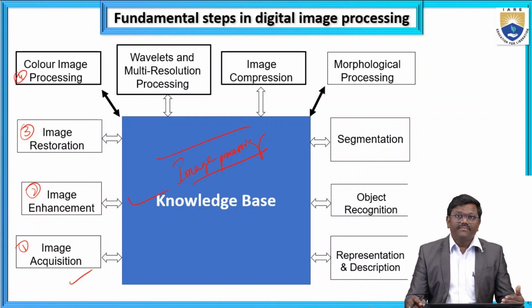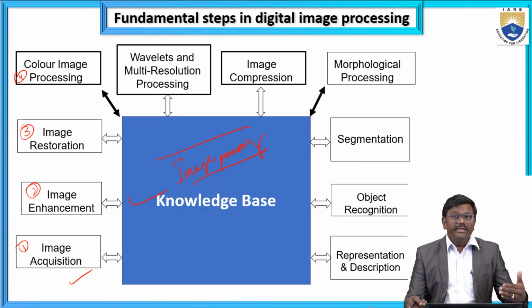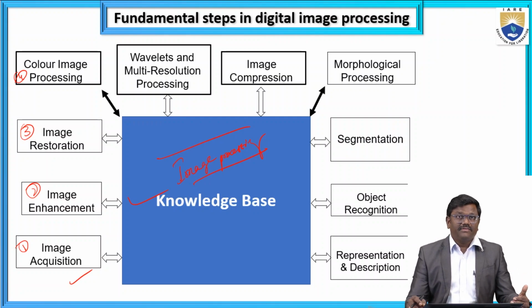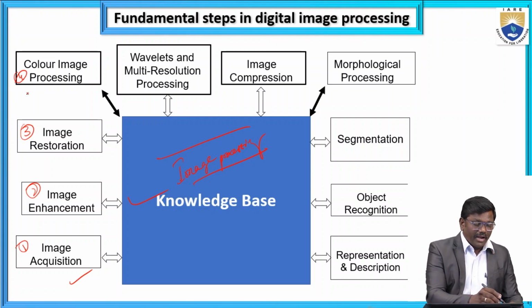And if we want to go into detail beyond color image processing, we can also apply morphological image processing, segmentation methods, object recognition, representation and description, which are the methods we are going to concentrate on at the core step.